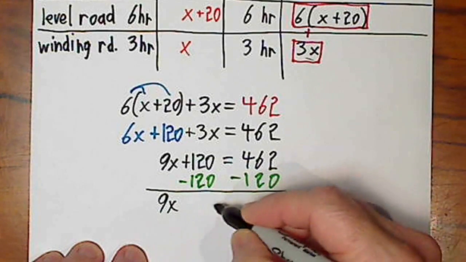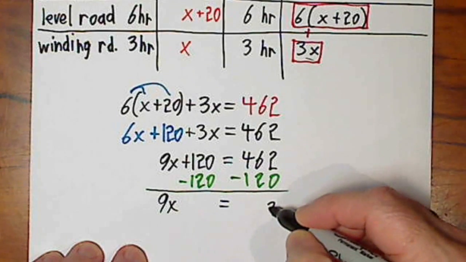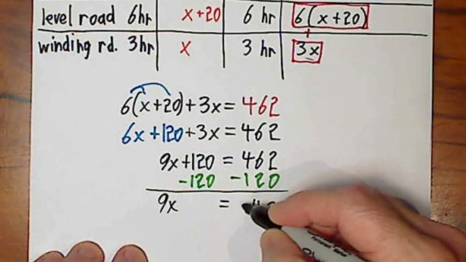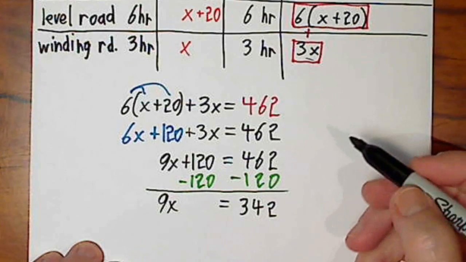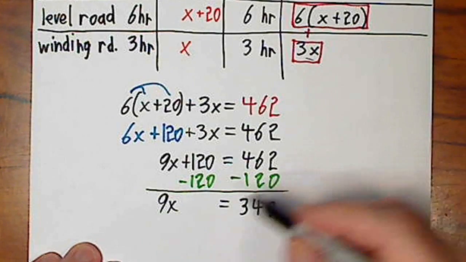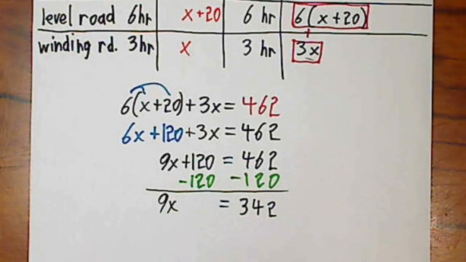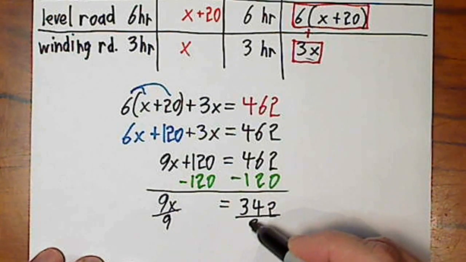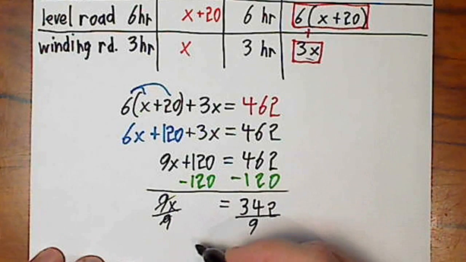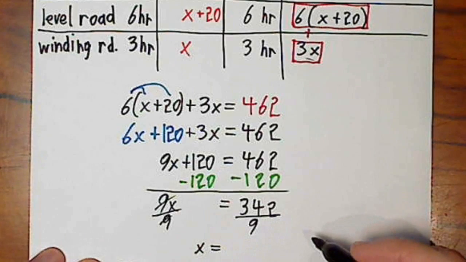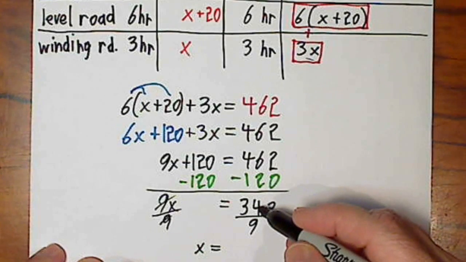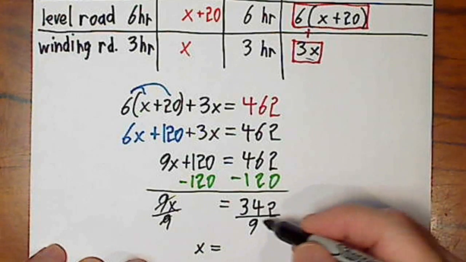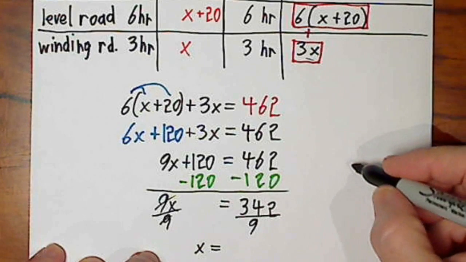So we have 9x is equal to 342. That looks pretty good. Get rid of your 9. Goes into 9 once, so we figured out that x is equal to... I'll just do this on paper.